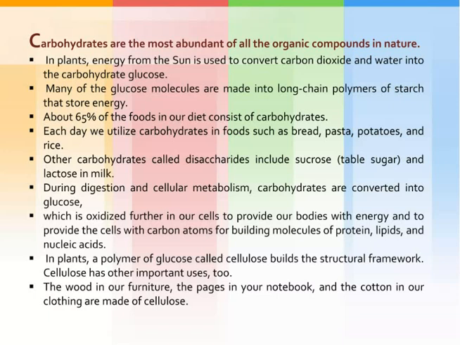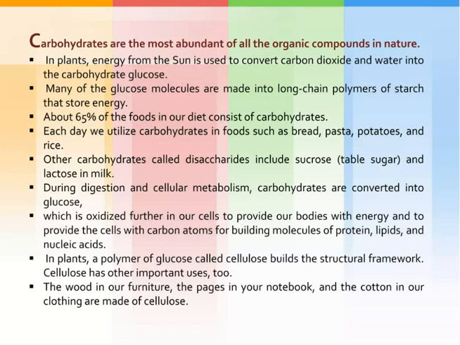About 65% of food in our diet consists of carbohydrates. Each day we utilize carbohydrates in food such as bread, pasta, potatoes, and rice. Other carbohydrates are called disaccharides, including sucrose, table sugar, and lactose in milk.